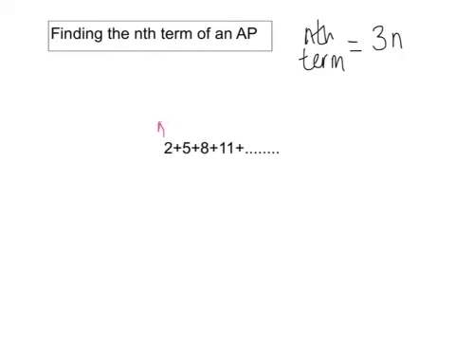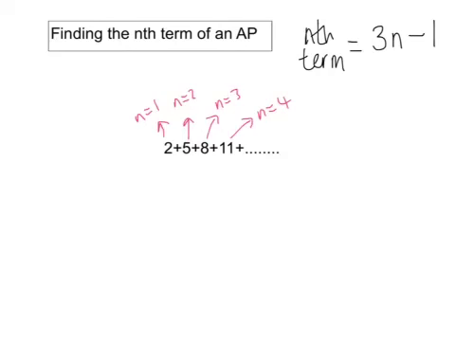Okay, so this is when n is 1, that's the first one. And this is when n is 2, and this is when n is 3, and this is when n is 4. Okay, so if we took, let's say, the 11, when n is 4, we're going to get 3 lots of 4, which is 12. And how do we get 11? Minus 1. So most of you from GCSE can already find the nth term.